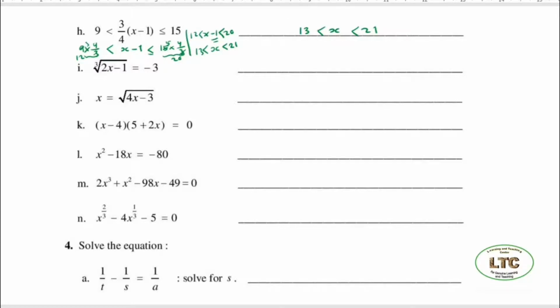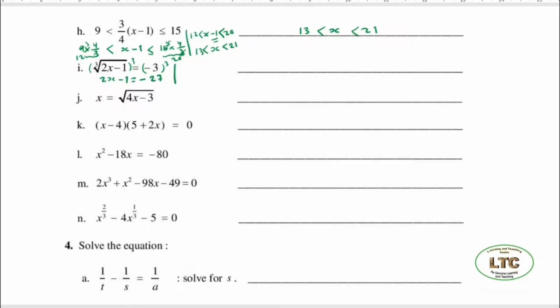I. Cube root. Let's remove the cube root. So you raise power 3 on the left and power 3 on the right. Power 3 and cube root cancels, 2x minus 1 is left. Negative 3 to the power 3 is negative 27.